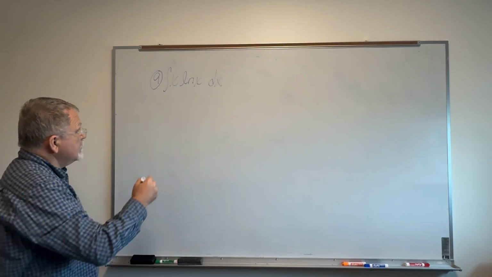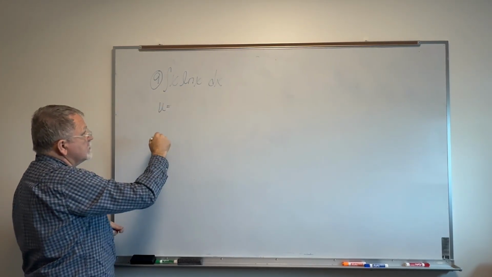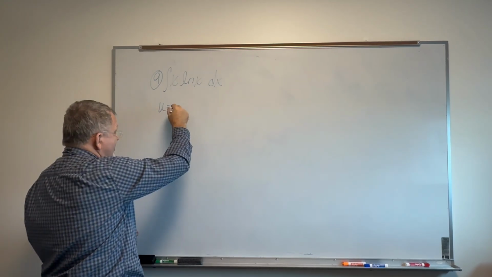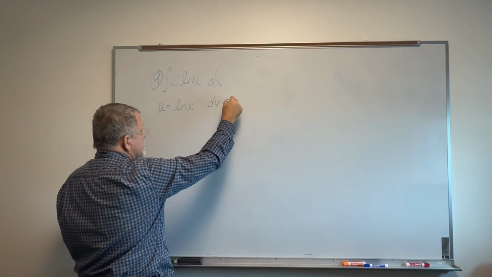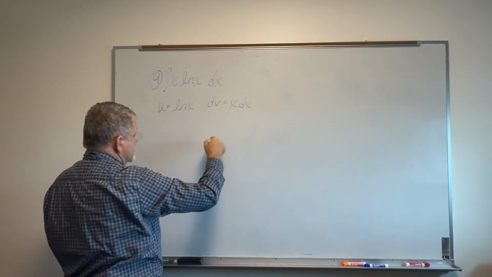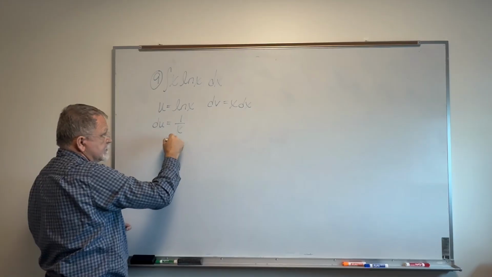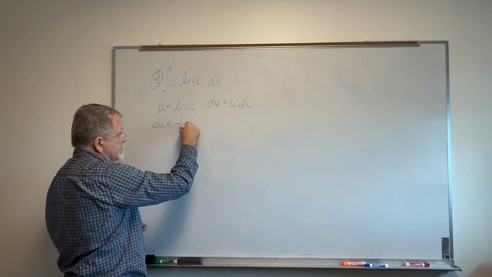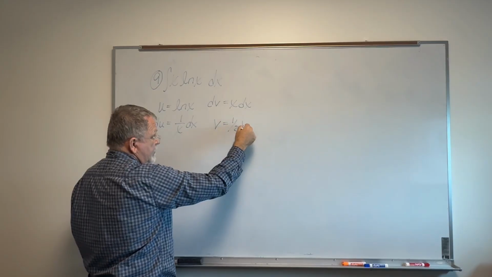Well, we'll try this. Let's let u equal ln of x, and then dv is equal to x dx. So du is equal to 1 over x dx. v is going to equal 1/2 x squared.